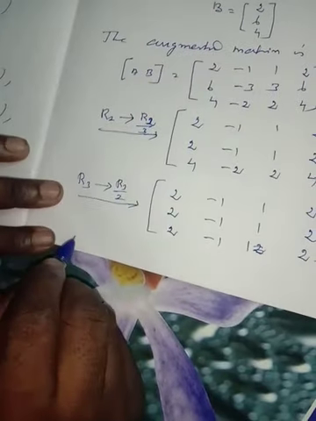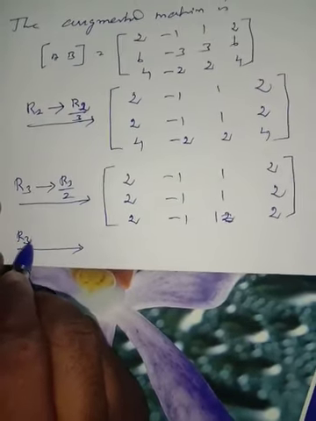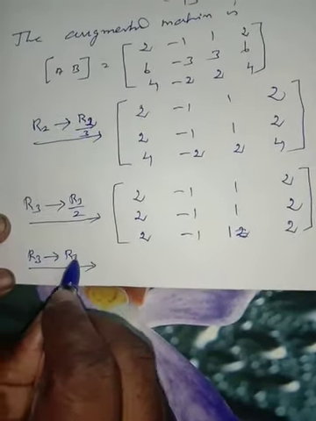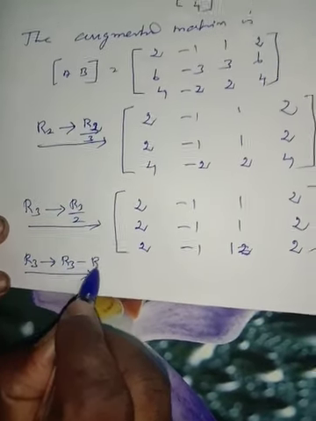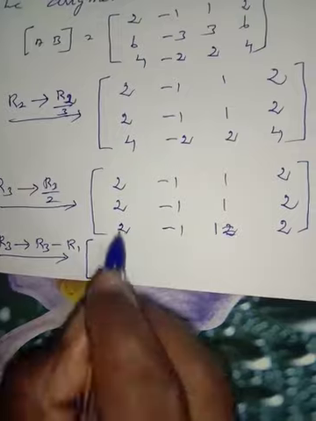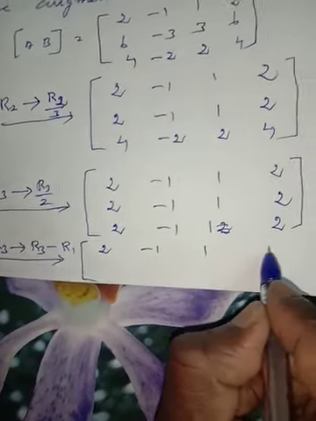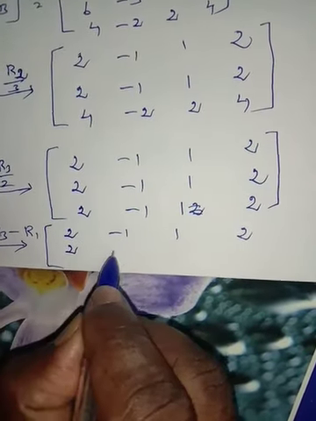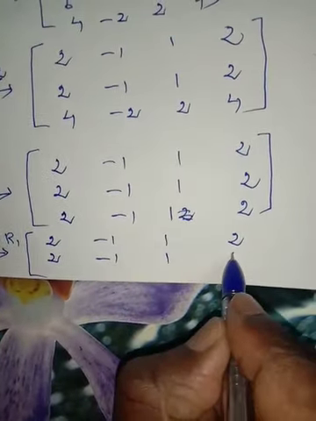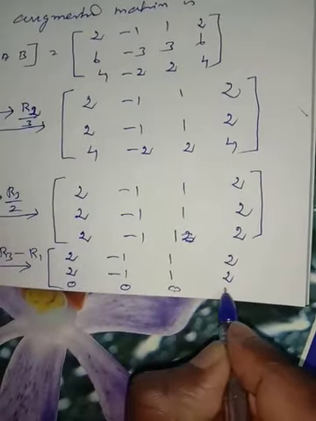So next rule is new R3 implies R3 minus R1. 2 minus 1, 1, 2, next 2 minus 1, 1, 2. Third row 0 0 0 0.